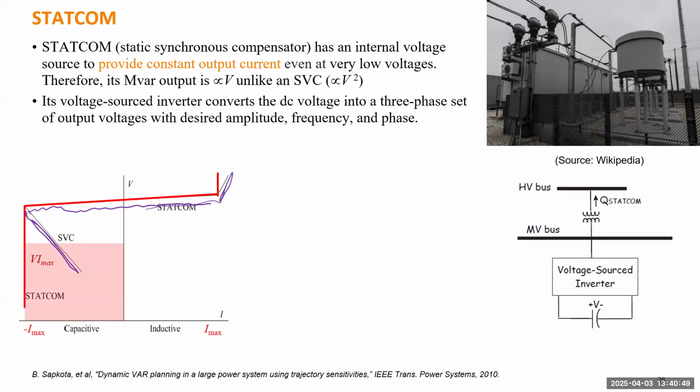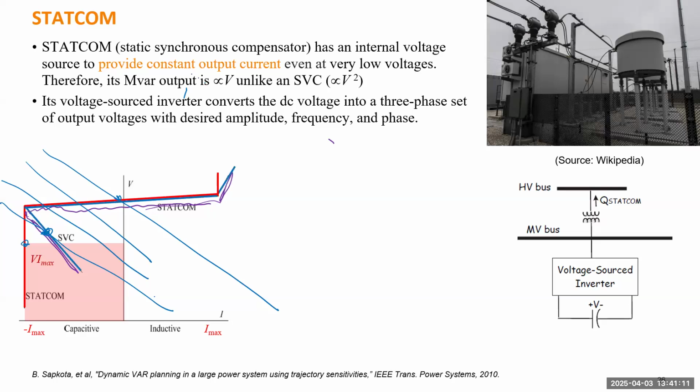So when the operating condition goes down, this is the operating condition, right? It intercepts this point. So when it moves down, for SVC, it will operate at this point, but for STATCOM, it will have this one.